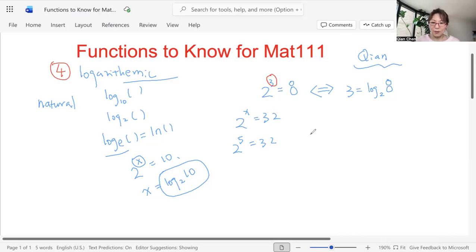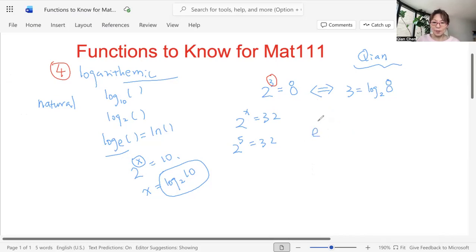Let's see if we have e raised by 2 equals a value, right? It's going to be difficult to write the value. Actually, let me rewrite this.